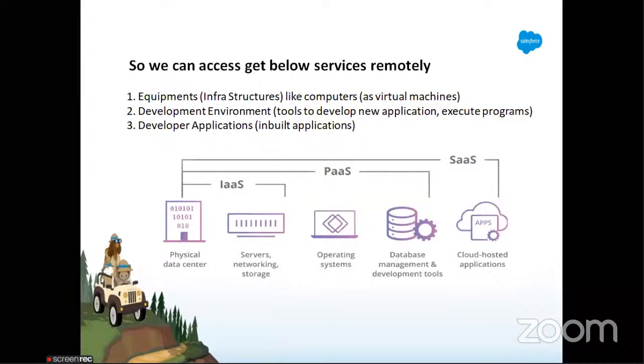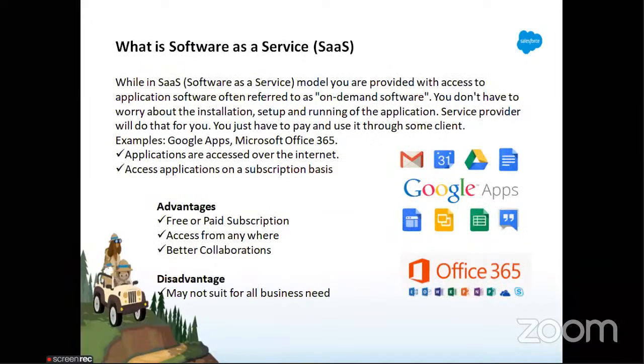First, we need to understand what software as a service is. The software as a service model provides access to application software. You can say it is on-demand software. You don't have to worry about the installation, configuration and running of the application. That work belongs to your service provider, who does it for you.